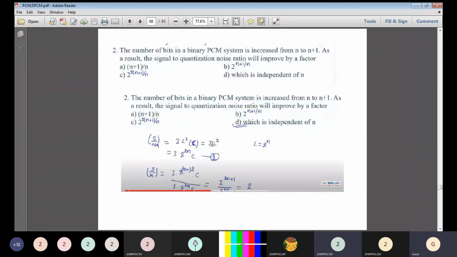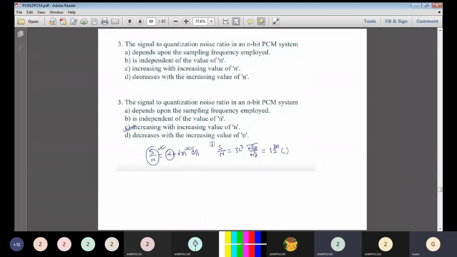So the number of bits in a binary PCM system is increased from n to n plus 1. As a result, the signal to quantization noise ratio will improve by a factor. Option D is the answer, which is independent of n.